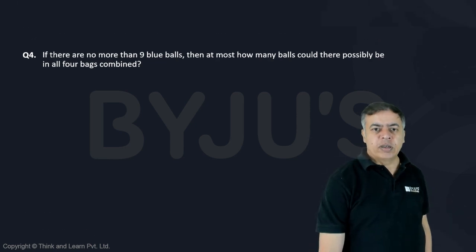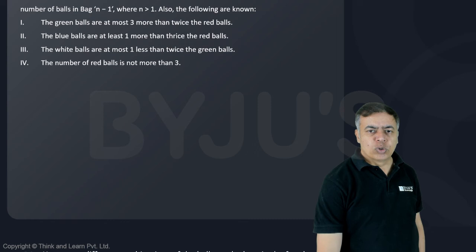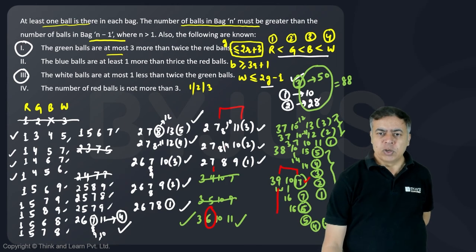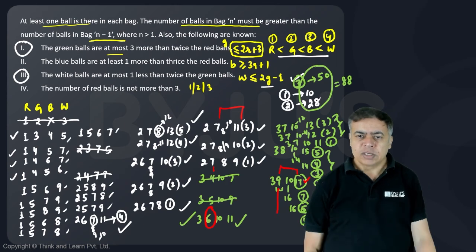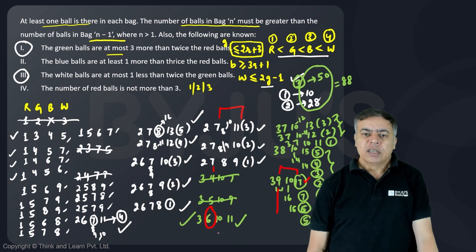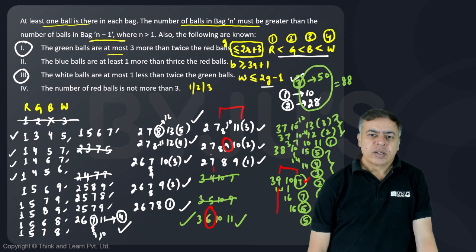Blue is the third one. Blue cannot be 9 in the last case; in the last case when red is 3, blue is minimum 10. So blue 9 is possible here, when you have 2, 7, 9 and 10.